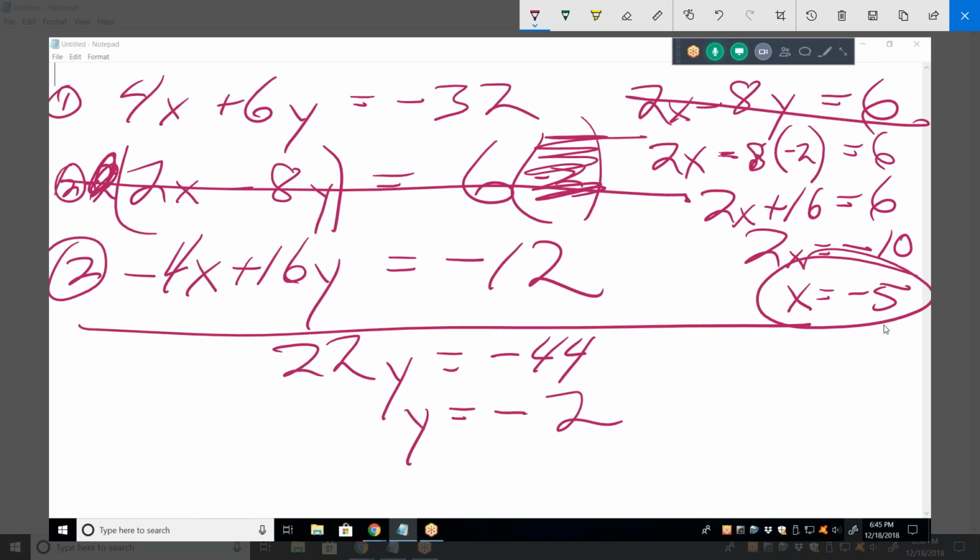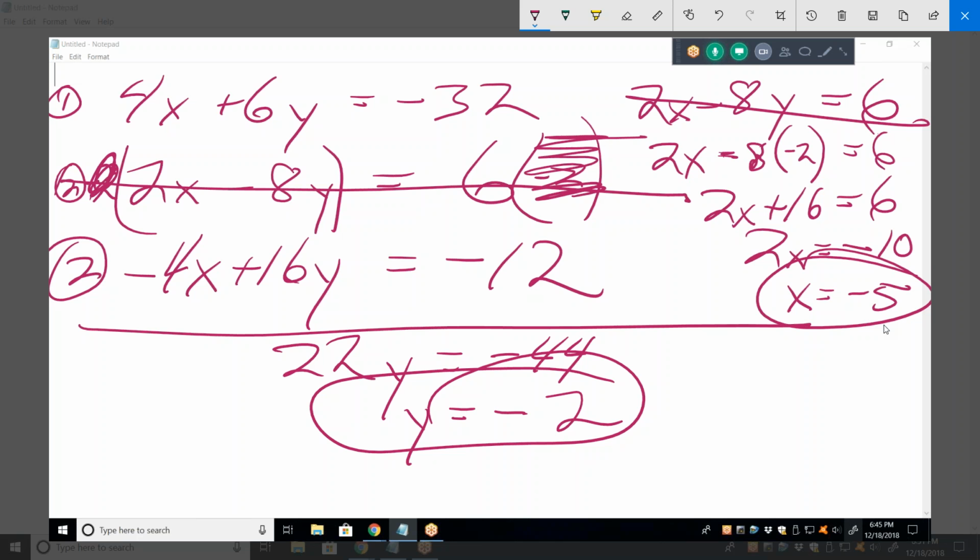That's the whole process in a nutshell. When they give you 2 equations where one of them has to be manipulated, sometimes both of them have to be manipulated. You don't want to use fractions. In other words, you never want to multiply one of these equations by a fraction.